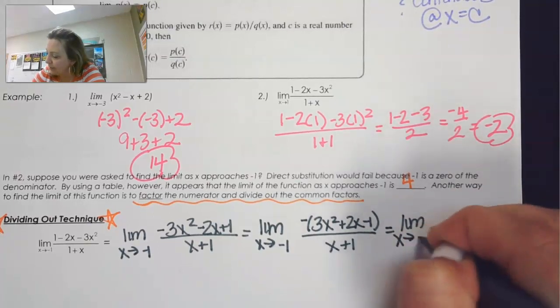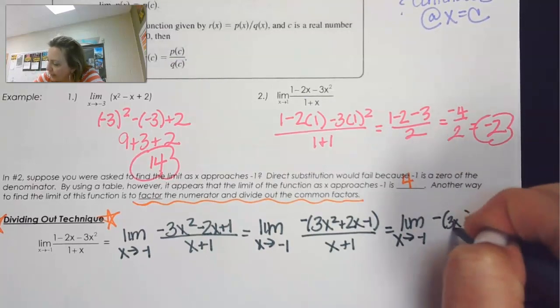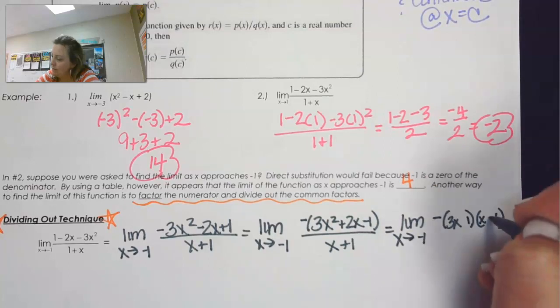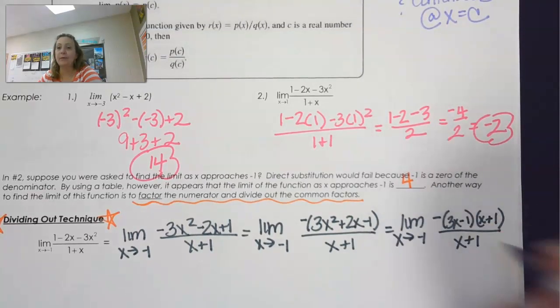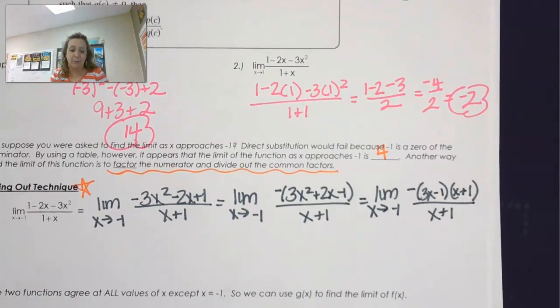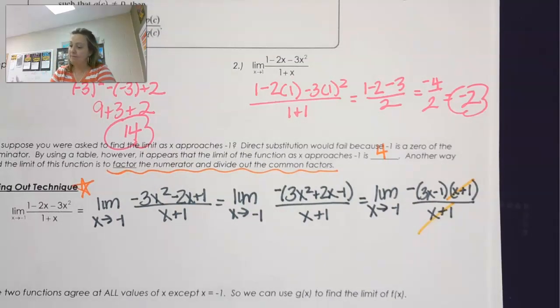So now let's try to factor. 3x and x, 1 and 1, plus 1 minus 1, and then x plus 1, okay? So when I look at this in factored form, what I see is that the numerator and denominator have a common factor. So I can factor out this x plus 1.